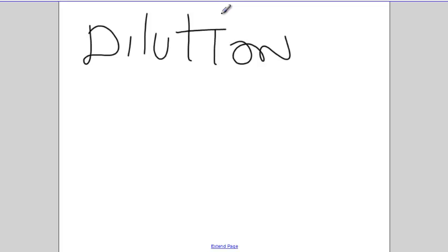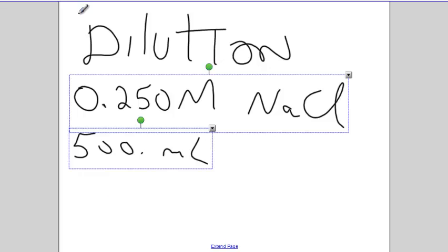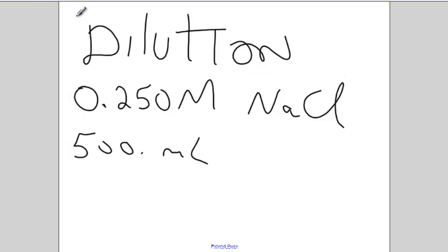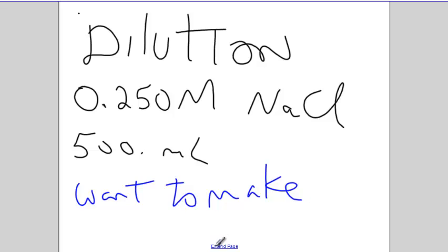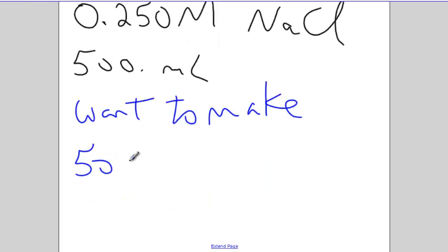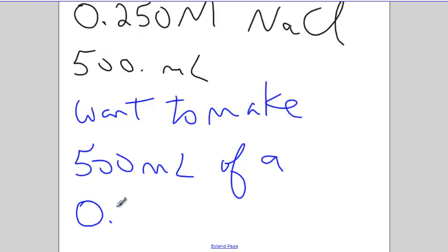Let's say I still have my 0.250 molar NaCl and 500 mils of it, and I want to make 500 mils of a 0.100 molar solution.